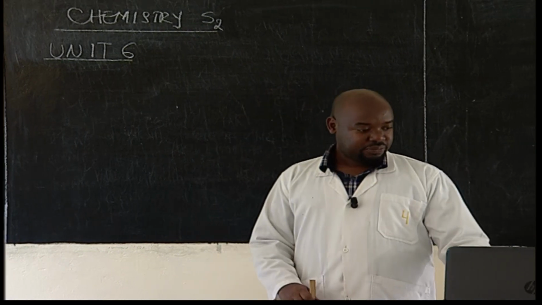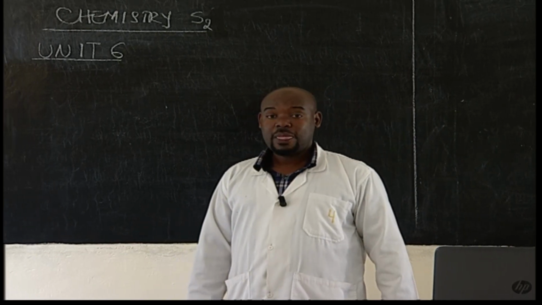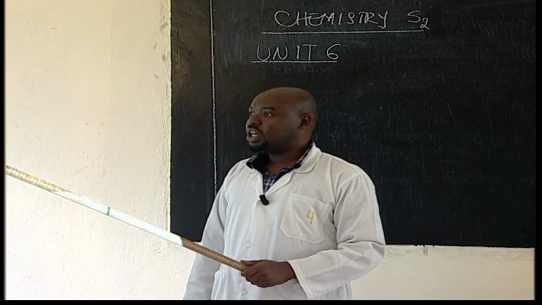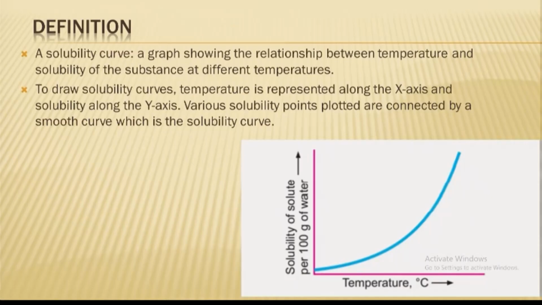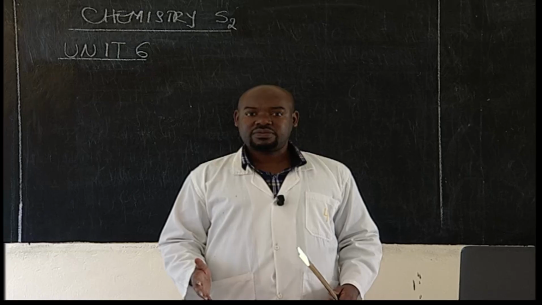Let us start. What is a solubility curve? It is a graph, but a graph which shows what? A solubility curve is a graph showing the relationship between temperature and solubility of the substance at different temperatures. So we have different values of solubility at various temperatures.